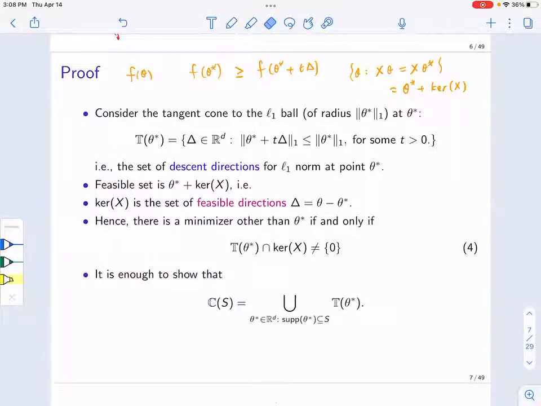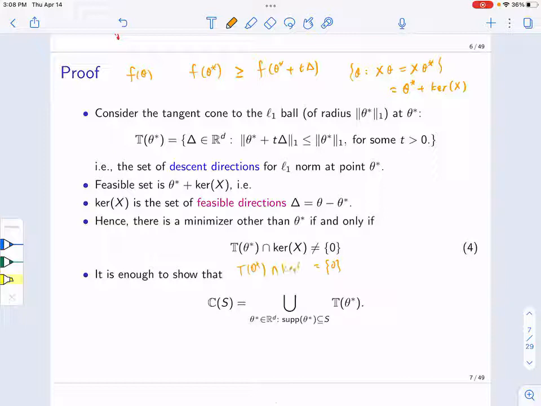Okay, so the condition that I have is that I want this for all theta stars that have a certain support. So I want this to hold.